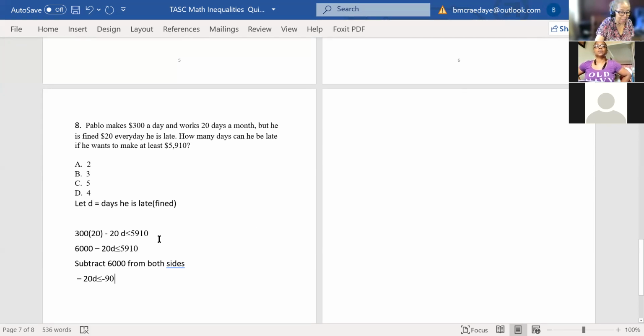Now what's the next step? Okay, you divide both sides by 20. That's right. Wait, well, it's a minus 20. Yeah, minus 20. Divide both sides by minus 20.